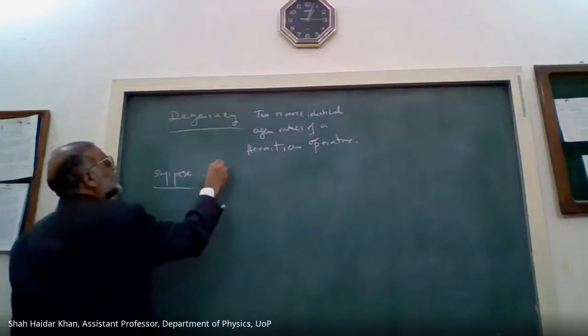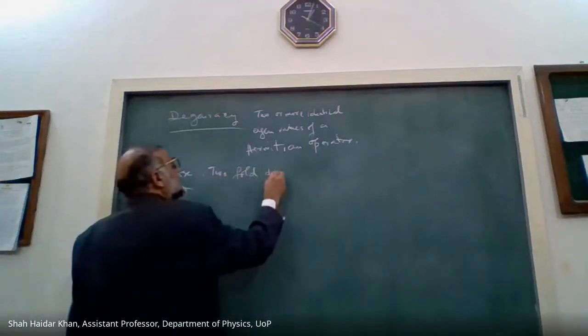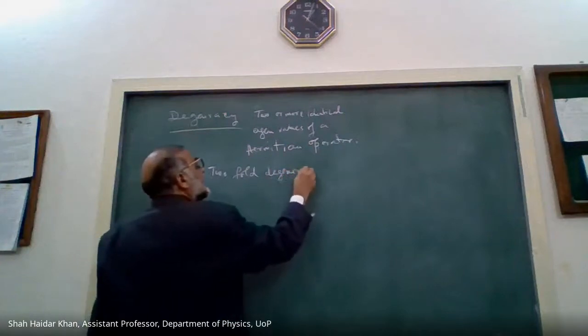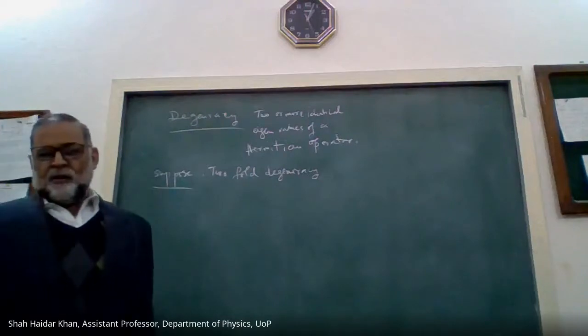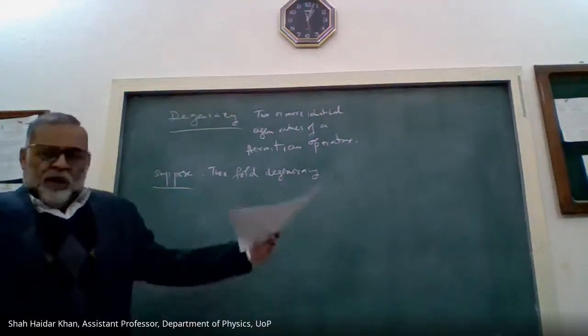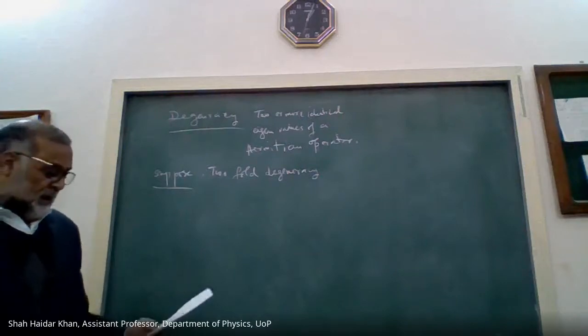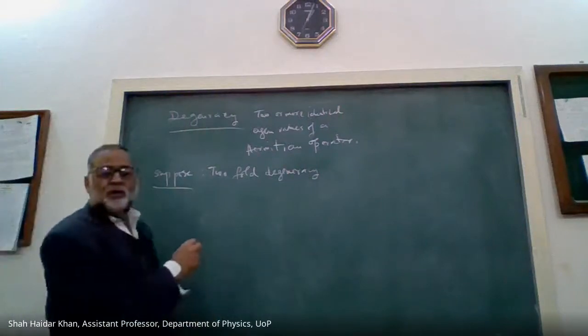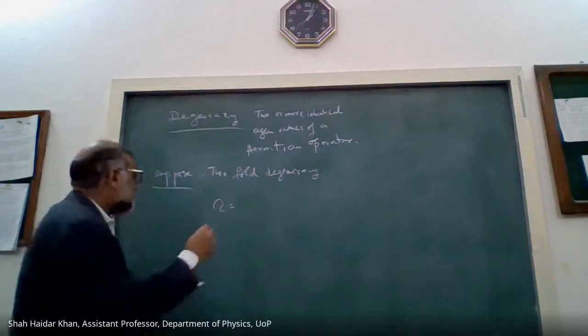So suppose there is a twofold degeneracy. Right? We have a twofold degeneracy for a Hermitian operator. We have been given a Hermitian operator in which the two roots are identical. For example, something like this, right?